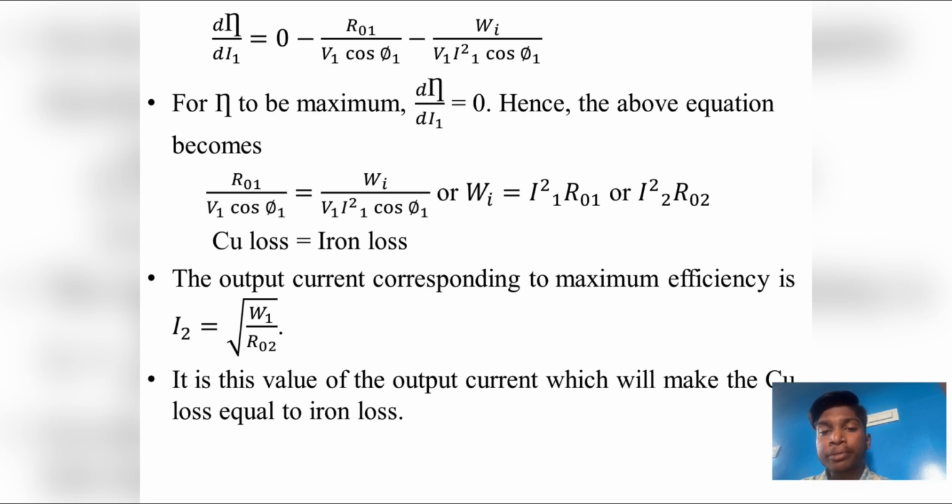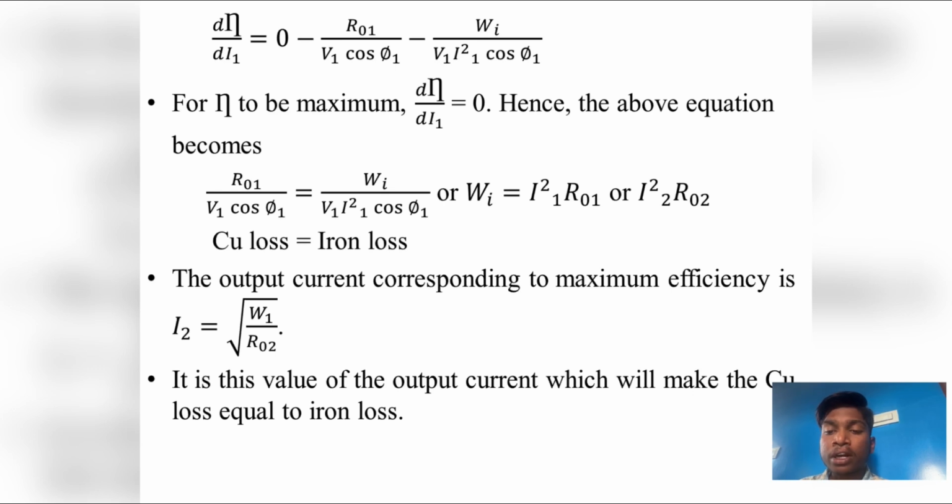Hence the above equation becomes R01 by V1 cos phi 1 equals WI divided by V1 I1 squared cos phi 1, or WI equals I1 squared R01 or I2 squared R02. So that is, copper loss equals iron loss.